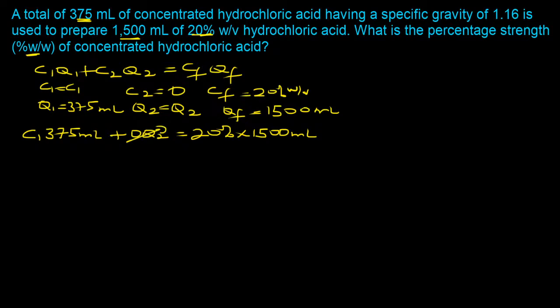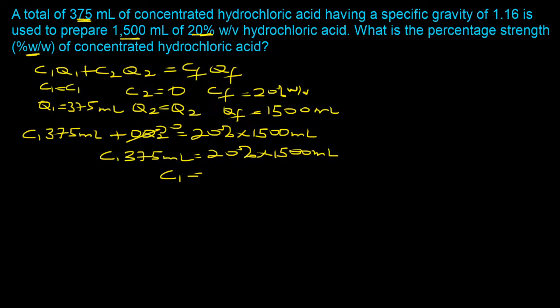So 0 times Q2 goes to 0, and then we'll have C1 times 375 milliliters being equal to 20% times 1500 milliliters. We want C1 by itself, so we divide both sides by 375 milliliters.